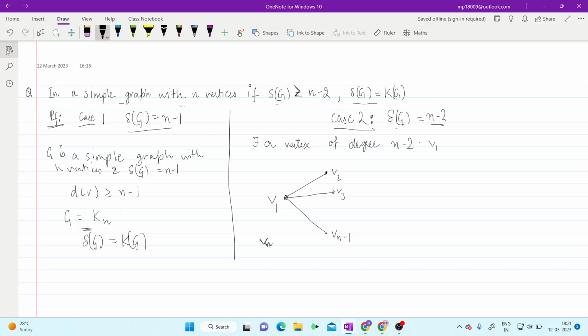There can be more edges between V2 to Vn minus 1 and Vn, but there is no edge between V1 and Vn. The minimum degree is n minus 2. So these are n minus 2 vertices, and since V1 is not attached to Vn, Vn will also be connected to these.